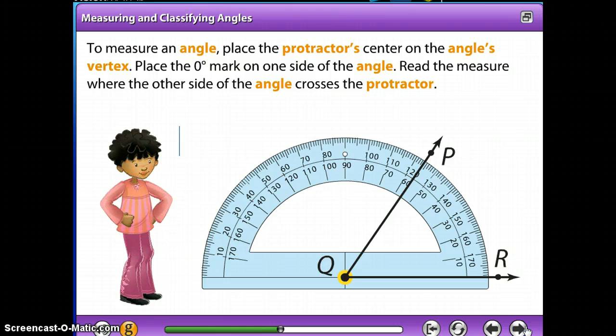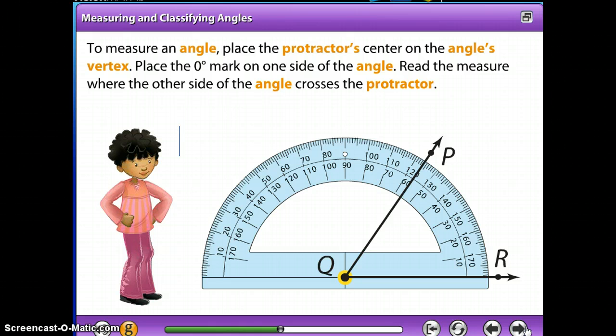What's the third type of angle? Obtuse. Okay, so acute and obtuse, what's the difference? Katie? The degree is smaller than obtuse. Okay, so acute, the degree is smaller than 90 degrees, and obtuse is greater.